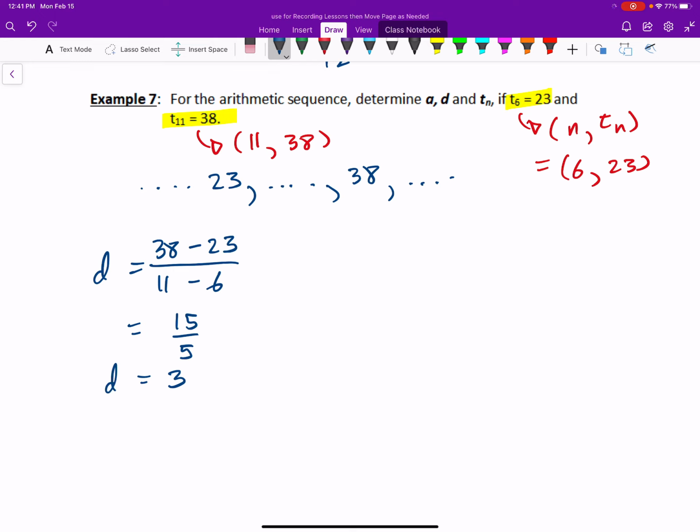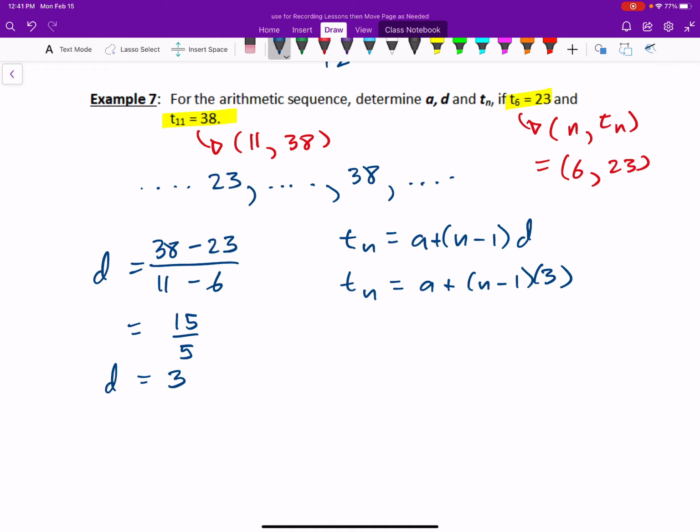then I can work backwards, and I know that, all right, if d equals 3, then the first term, let's do it this way. Let's write t sub n equals a plus n minus 1 times d. Let's fill in what we know. So I've got a plus n minus 1 times 3.